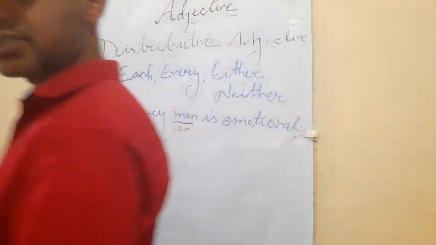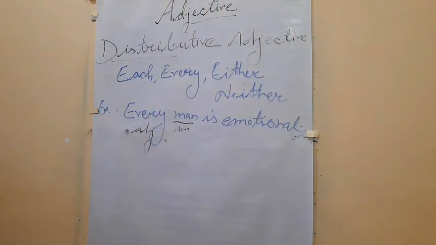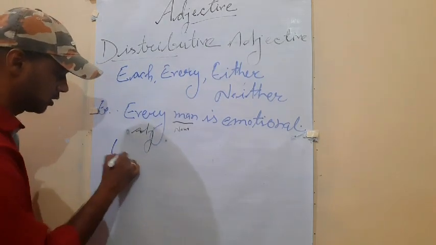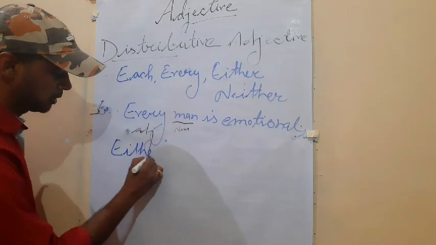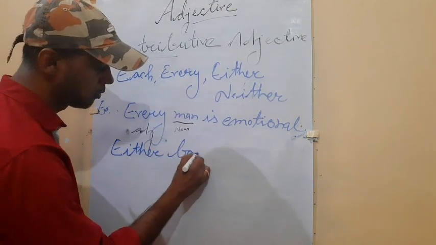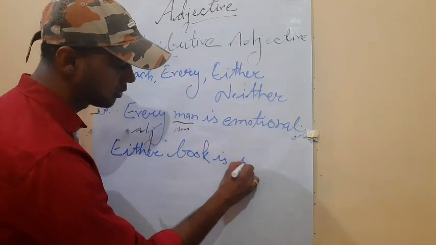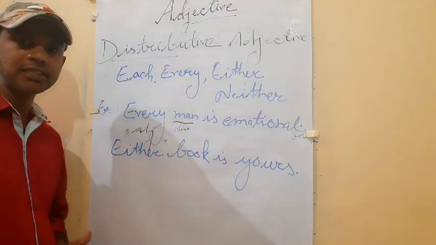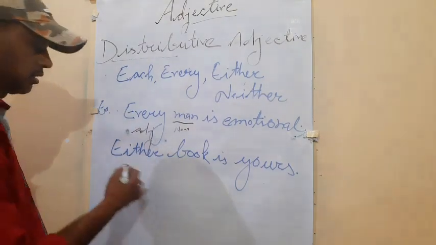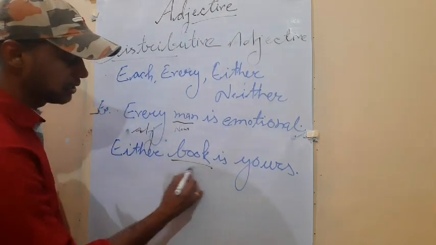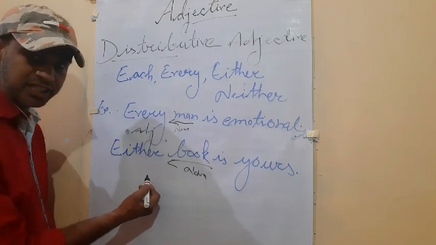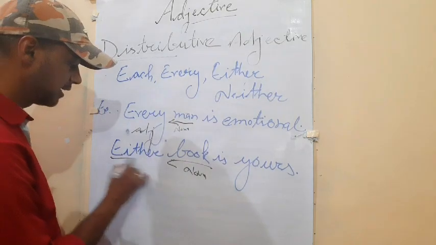Now some other examples, I am going to write here. Either book is yours. See, again, book is a noun. Before a noun, whatever comes changes into an adjective: either.